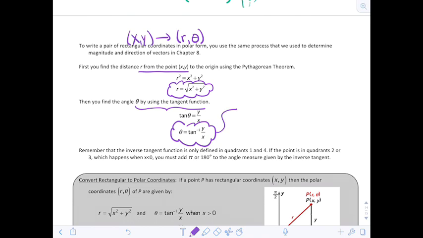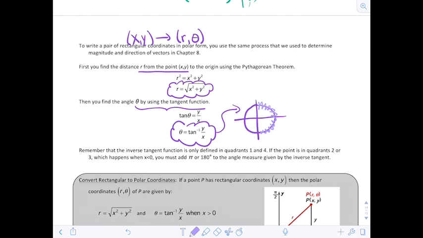Now, one thing that we had to remember with vectors, and we have to keep in mind here as well, is that when you take the tan inverse, you will only get values in the first and fourth quadrants. So if we have a polar coordinate that is in what would be the second or third quadrant, we're going to have to make an adjustment, and we'll see how we can do that.